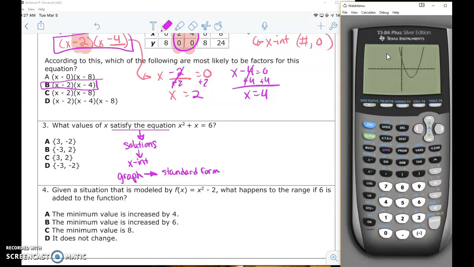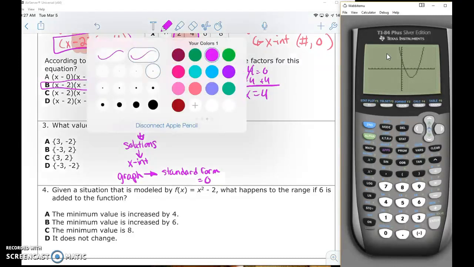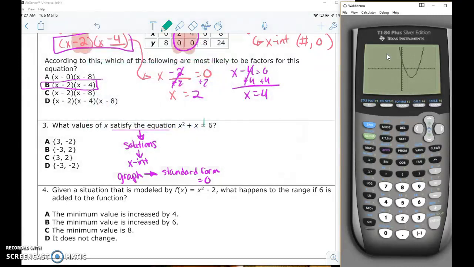We need to make sure that our equation equals 0. To make this equation equal 0, I need to move my 6. So I'm going to subtract 6 on both sides. And I get x squared plus x minus 6 equals 0.